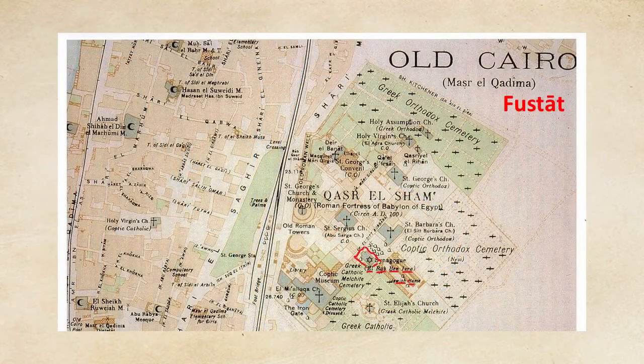This is an older map. That part is where still quite a lot of Christians are today. No more Jews, but in the middle of the red part, that is a synagogue. The old central synagogue. There were a few synagogues in Fustat, but that was the big synagogue.